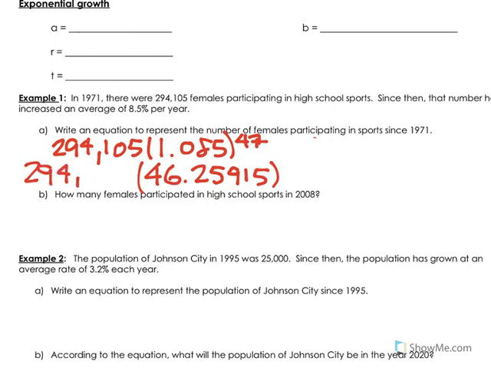You can leave that in your calculator. You don't have to clear your calculator out, and just click times 294,105. And once you do that, you should get 13,605,048 women. Now, there is a decimal, but you can't have a portion of a person, so I always round down.